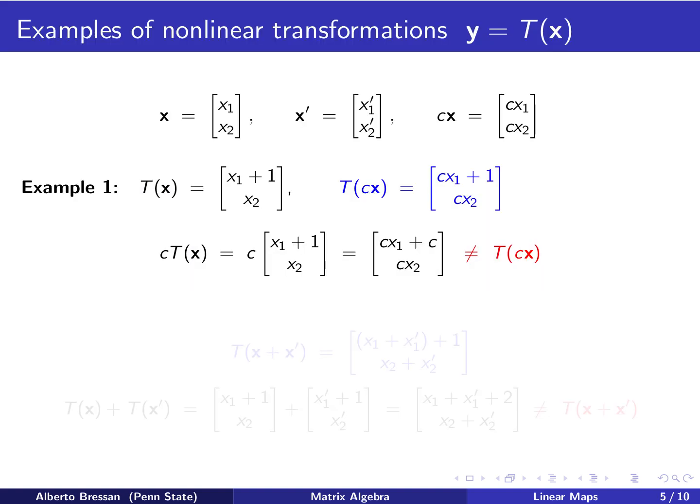Okay, so first let's take a look at nonlinear transformations. Let's denote x and x prime to be two elements. Don't be bothered by the prime. It doesn't mean the derivative. It's just another vector, and c here is just a scalar number.